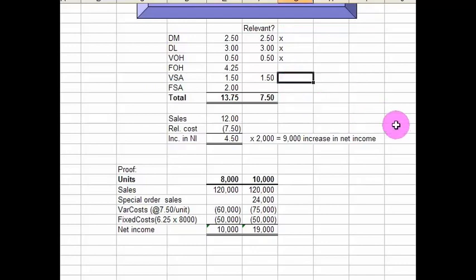The only additional cost that's going to be incurred as a result of selling the old inventory is the variable selling and admin cost of $1.50 per unit. So if you have old inventory, the minimum selling price would be the $1.50. As long as you can sell them for more than $1.50, you're better off than if you just left them sitting there on the shelf. So this is an example of when even things like direct materials and direct labor and variable overhead might actually be irrelevant costs.